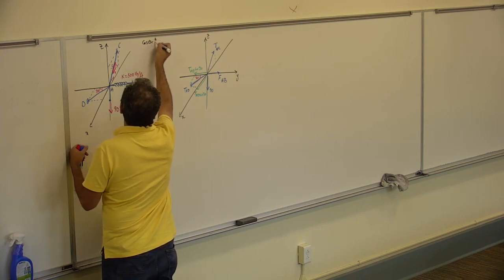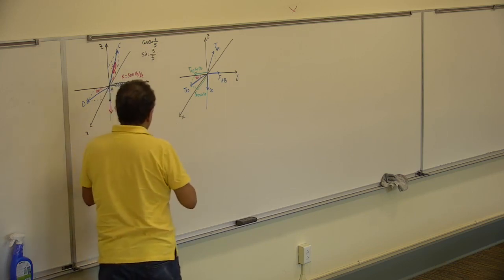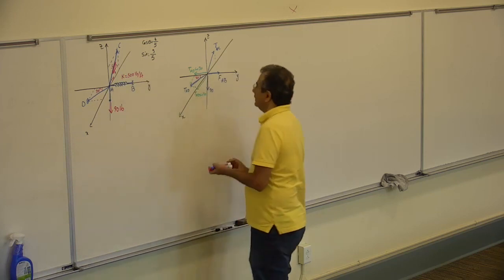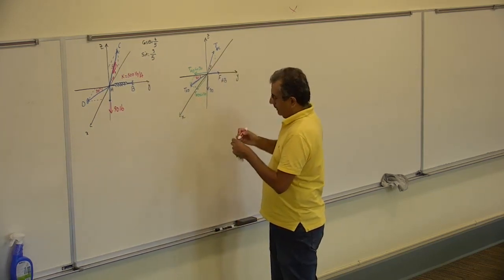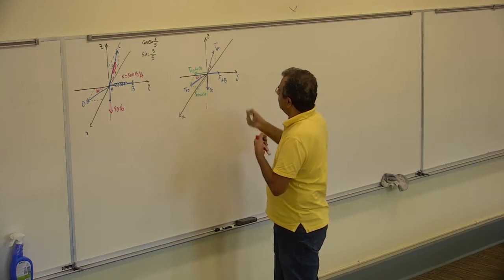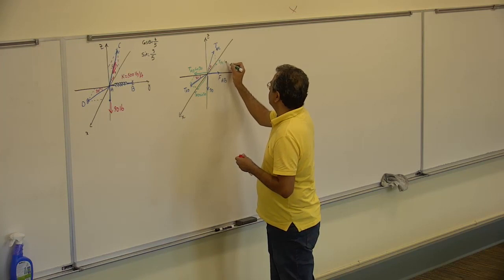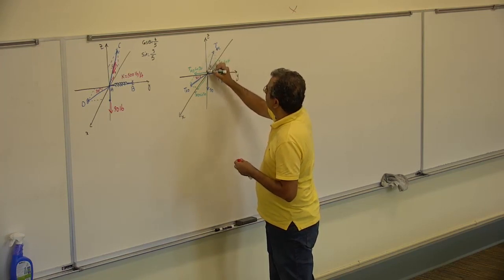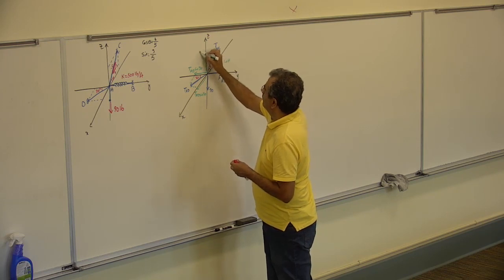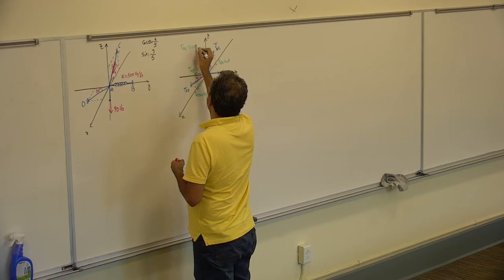Cosine theta is 4 over 5, and sine theta is 3 over 5. So now I can say this is theta, and so this is going to be TAC cosine theta, and this is going to be TAC sine theta.